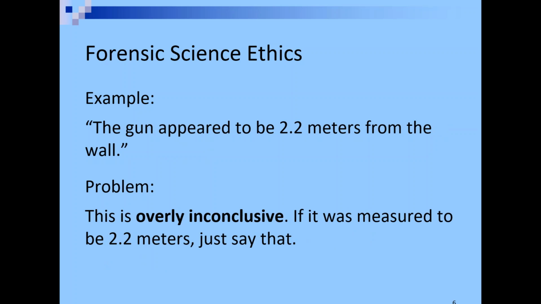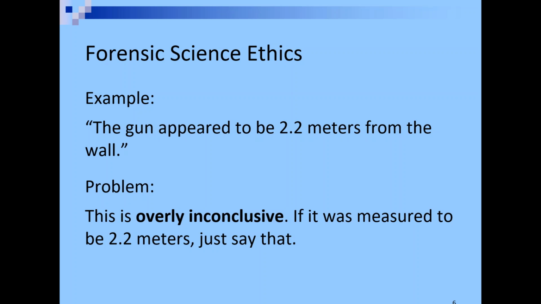Okay, now let's look at overly inconclusive. The gun appeared to be 2.2 meters from the wall. At first this doesn't seem like there's anything ethically wrong with this statement, and it's not a lie, but it's bad practice for the forensic scientist, because the 2.2 meters in this case is not an estimation or a calculated conclusion.